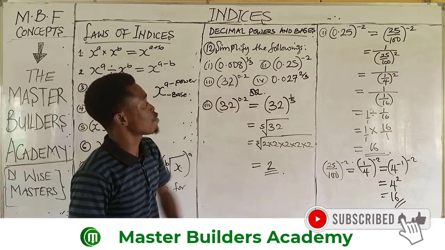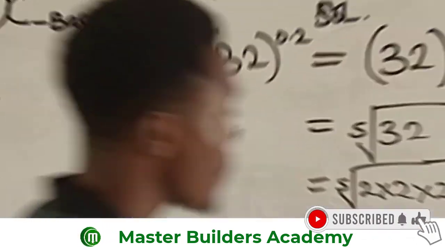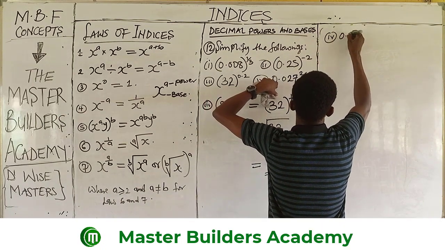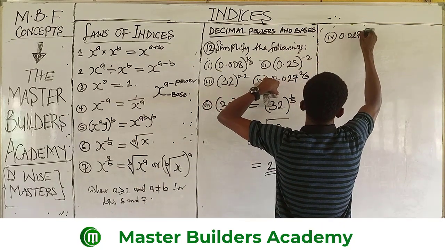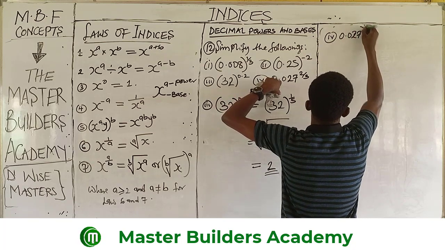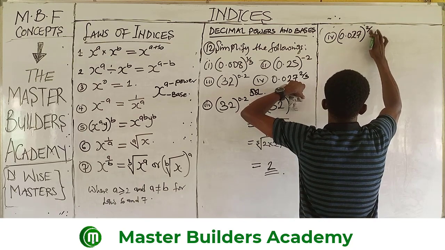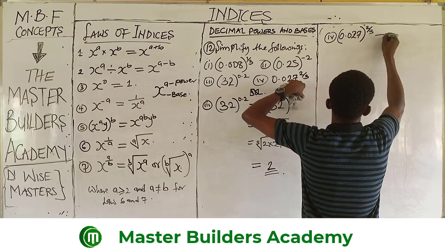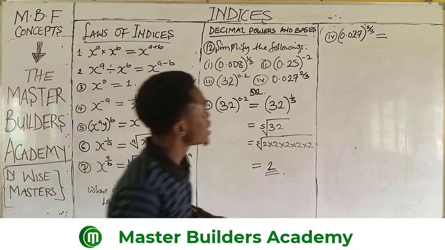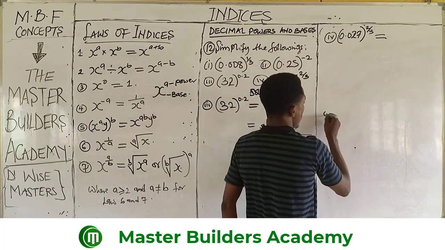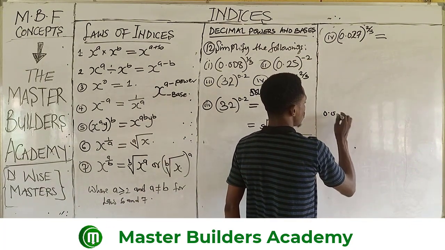Then finally we have Roman figure 4 on the board. Okay? So we have Roman figure 4, 0.027, all raised to the power of 2 over 3. So first is to convert the decimal to a fraction. 0.027.